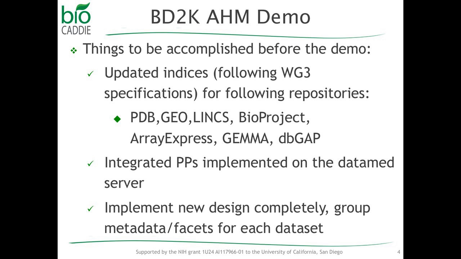Oh, okay, very good. So I just wanted to talk briefly about the BD2K all hands meeting demo or proposal. Some of the things that need to be accomplished before November 12th or 13th is that we have updated indices for the repositories.